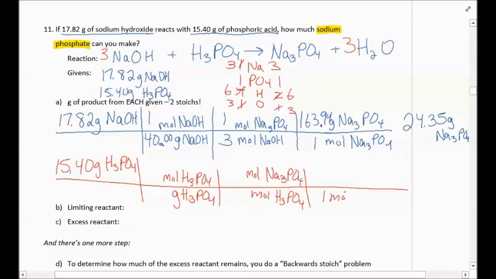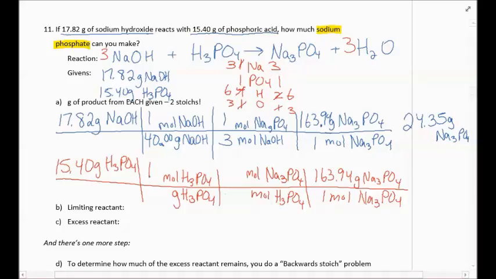Then the last step is identical to the last one. Your last step has to be identical so that you can make a valid comparison. You can't compare two different things in two different units. You have to have the same unit and the same substance in order to make your comparison to determine your limiting reactant.